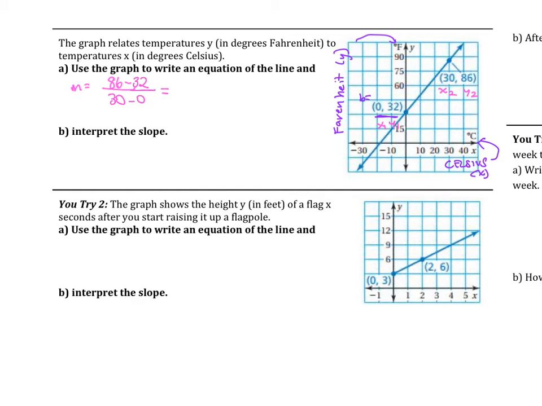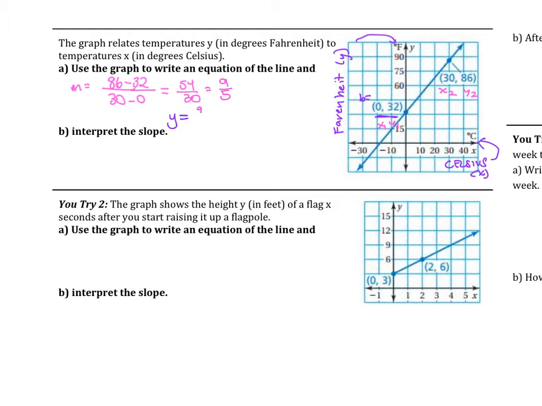So we find that this is going to be 54 over 30. And then that reduces to, so 6 goes into 54 and 6 goes into 30. That reduces to 9 over 5. So that's our slope. And then we have our y-intercept, so let's write our equation.